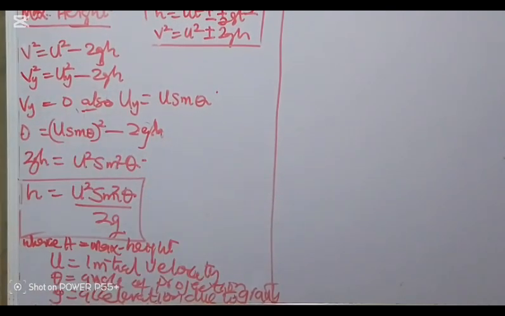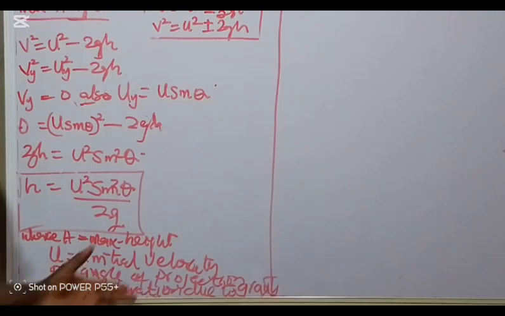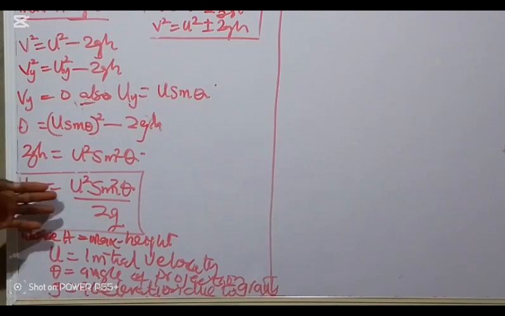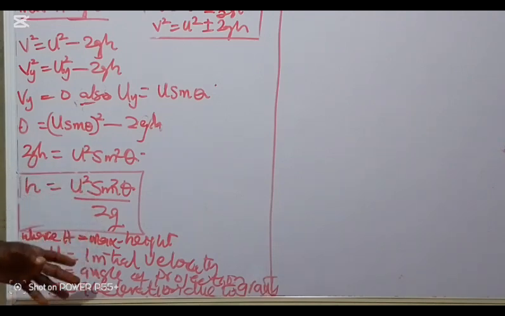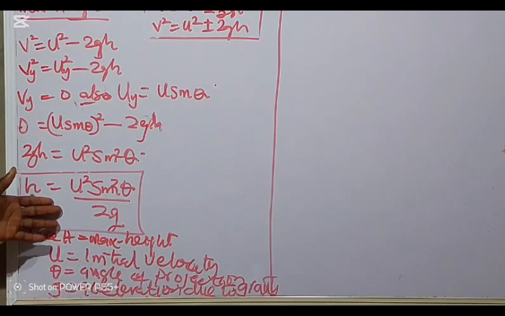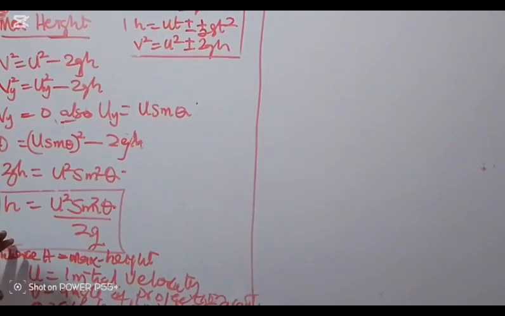In a question, it can be written like this and ask you to define its notation. In another question, you may be asked the factors that determine the magnitude of maximum height of a projectile, so these are what I've mentioned. What is inside the formula are initial velocity, angle of projection, and acceleration due to gravity. Those are the factors that determine the magnitude of maximum height of a projectile.